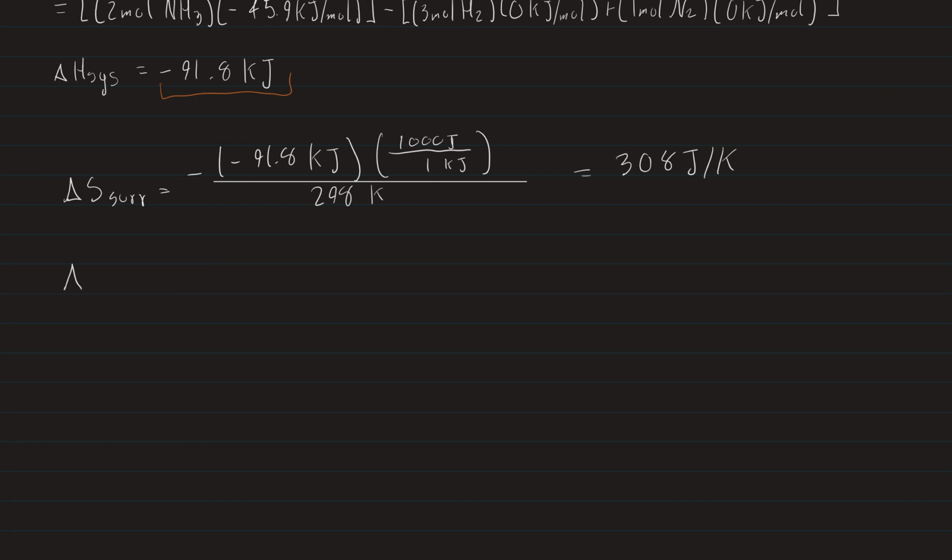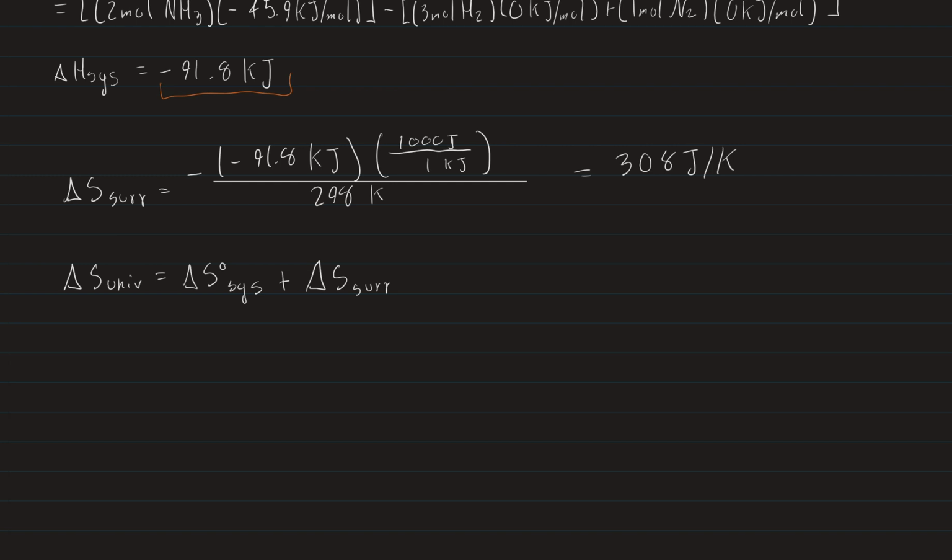If you remember, the equation to find the change in entropy of the universe is basically the following: change in entropy of the system plus change in entropy of the surroundings will give us entropy of the universe.